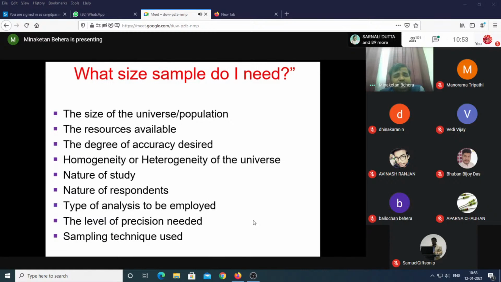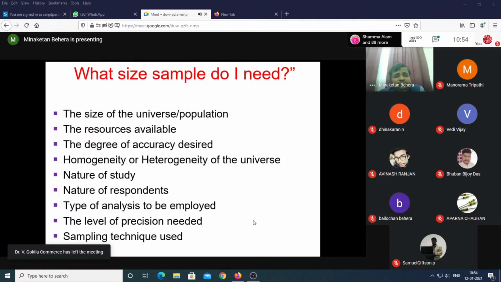In social science, we generally assume that a 5% to 10% level of error can be accepted, but in physical science that is not possible. These decisions are the overall idea we generally have to follow.